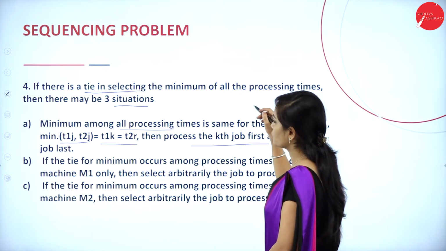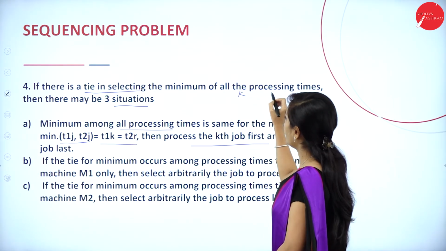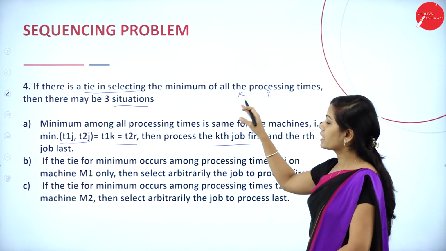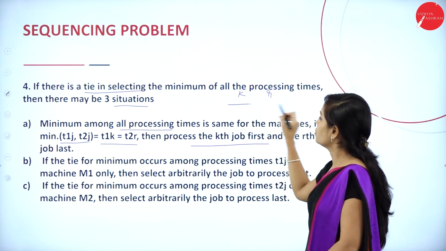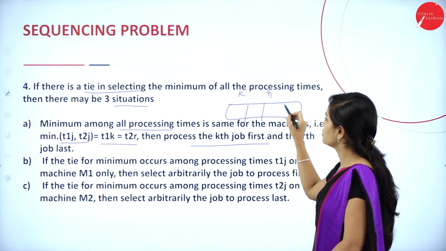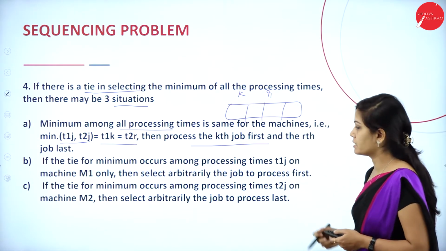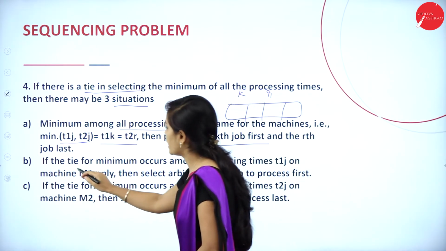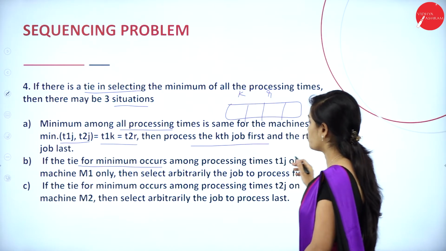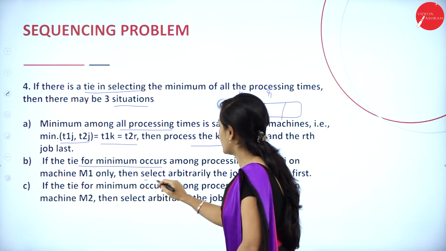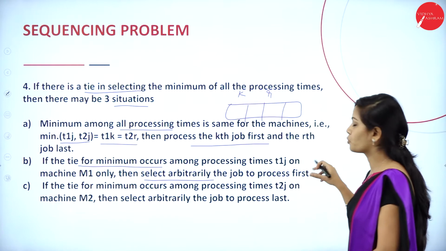So if your jobs are k and r, the processing order is k first and r last. I will explain that with an example. And if the tie for the minimum occurs among processing times on machine M1 only, then select arbitrarily the job to process first.